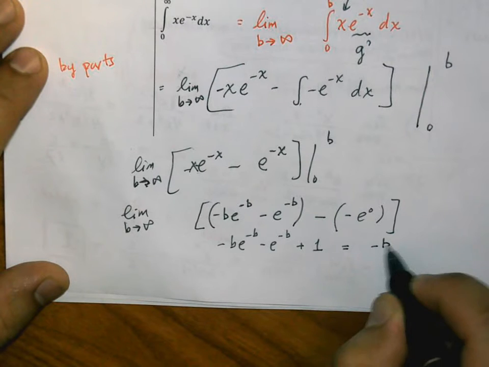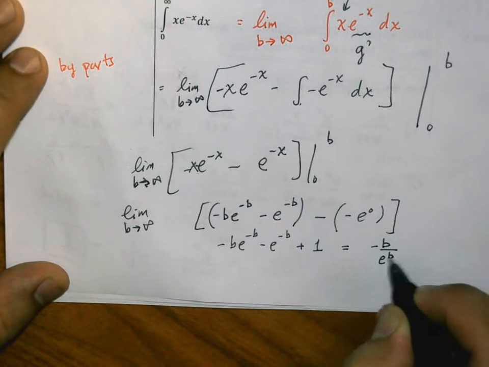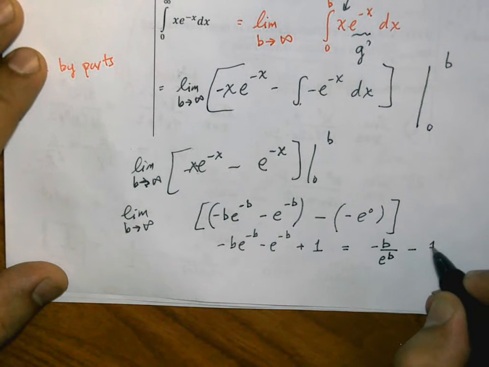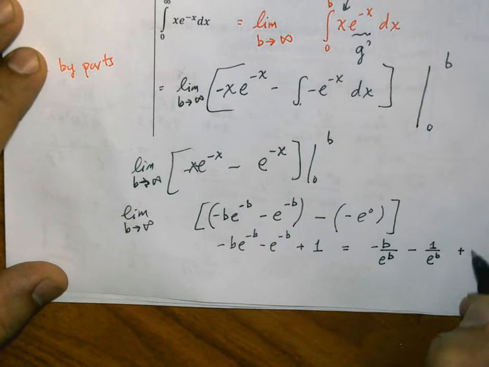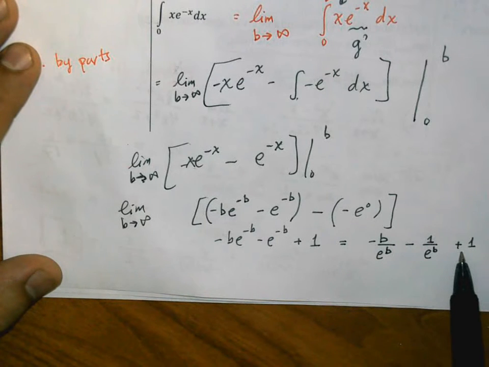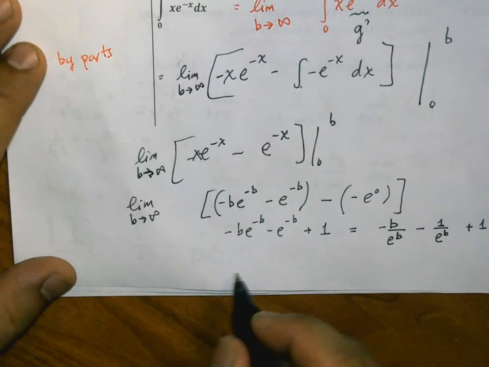So this is negative b over e to the b, minus 1 over e to the b plus 1. Now this plus 1 here is pretty much irrelevant, and all I'm really going to do here is put these two fractions together.